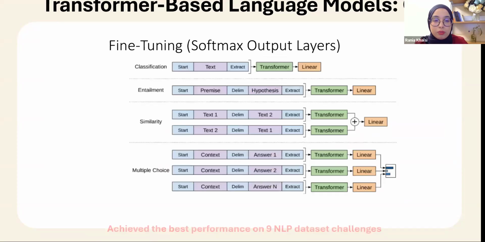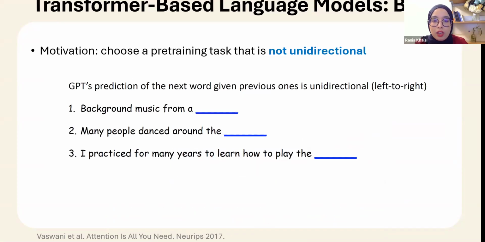So for BERT, it was introduced to fix limitations found in GPT models. As discussed, GPT works well for predicting the next word, but it can only read text in one direction, from left to right.